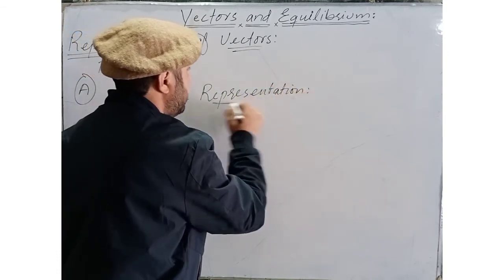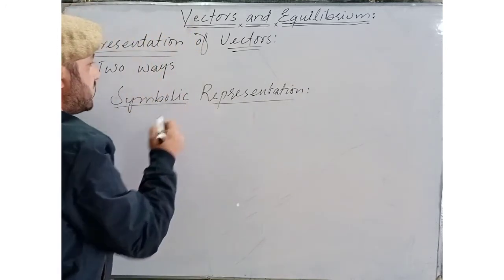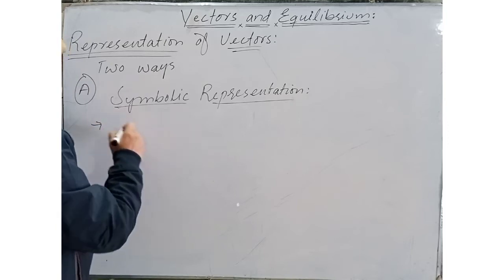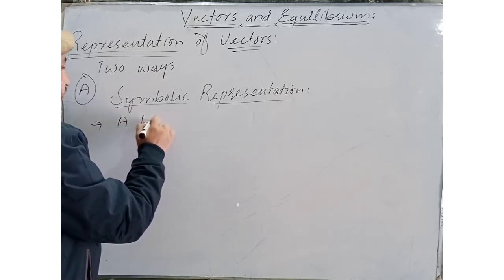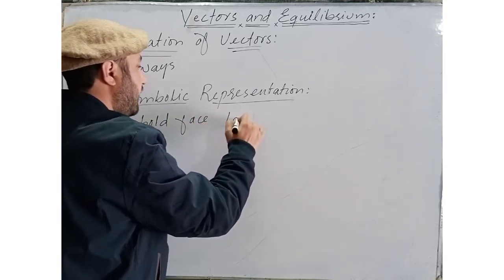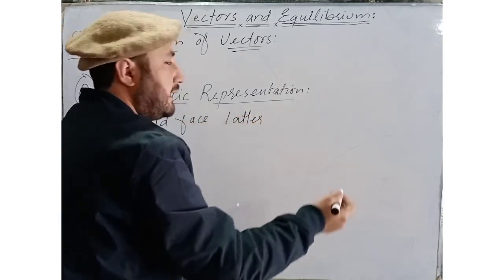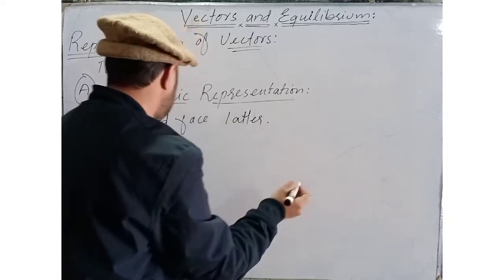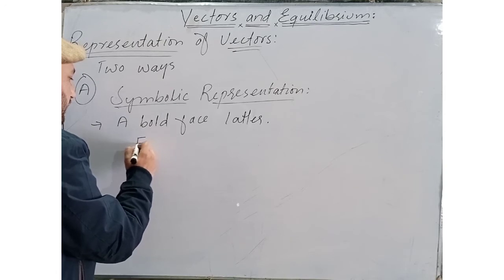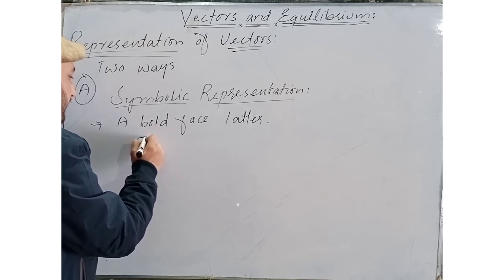Okay, so we can represent such physical quantities using different symbols. Like we can use a bold face letter, whether capital or small. So let's take an example. If you want to represent force, we can use F, but we have to bold it.